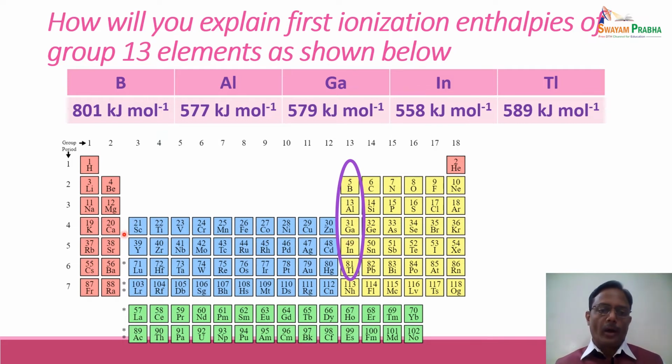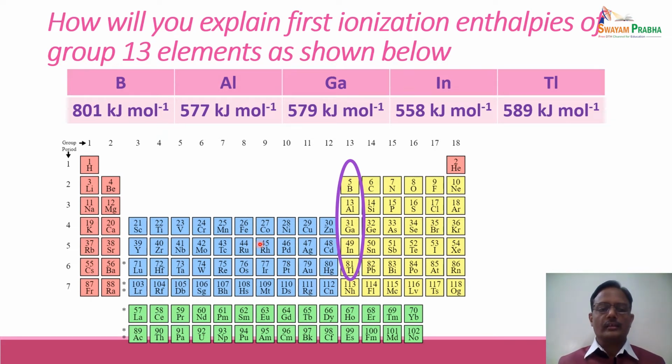But the elements present in between aluminium and gallium are the d block elements from scandium to zinc. And we know that the electrons present in the d orbitals are present in a diffused manner and have very poor shielding effect.